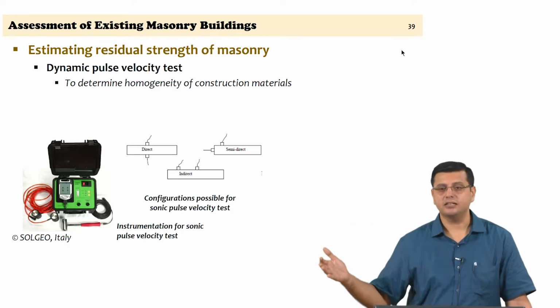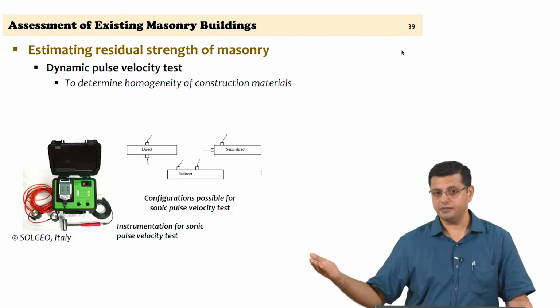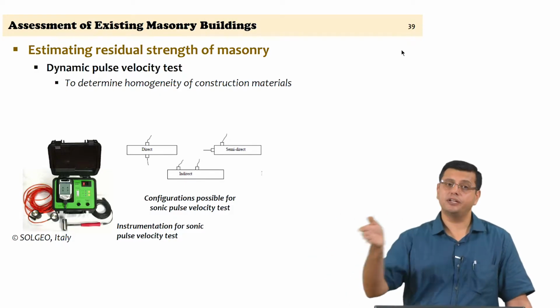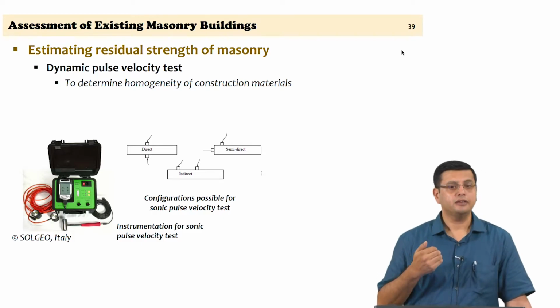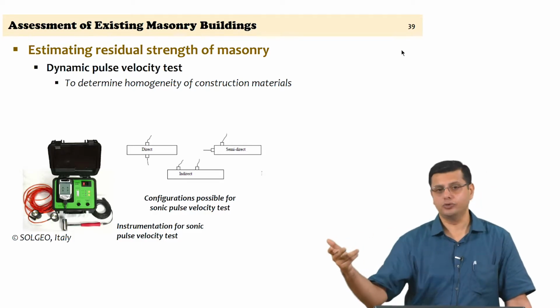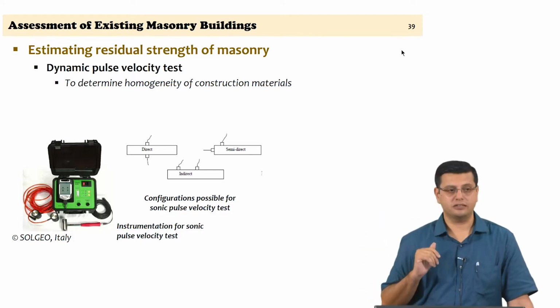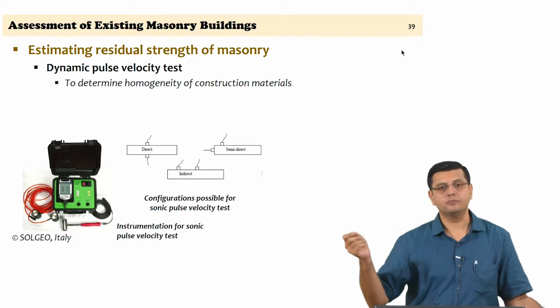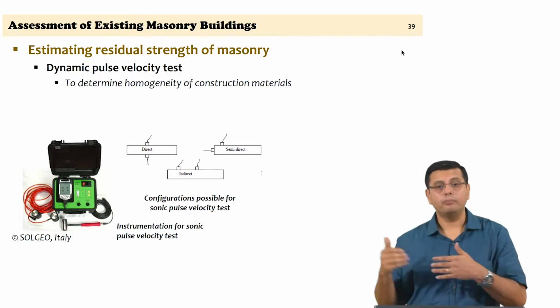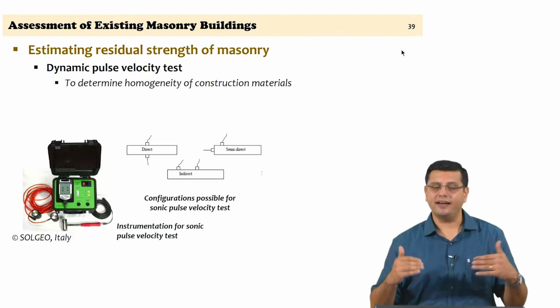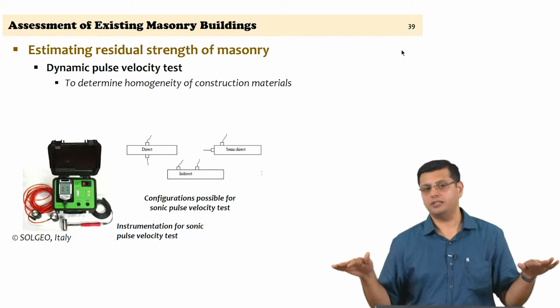An existing structure might have been constructed at different times, might undergo different levels of deterioration in different parts of the structure. Such a technique can be quickly used to arrive at whether or not there is homogeneity in the construction materials. So, you could do these pulse velocity tests on different parts of a wall and different walls in a structure and arrive at whether or not you see homogeneity in the structure.